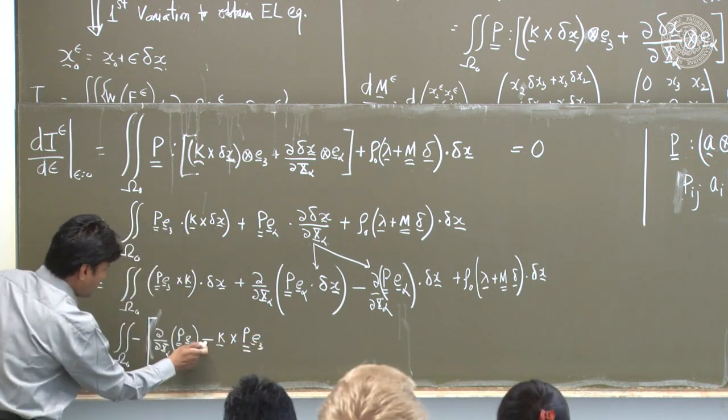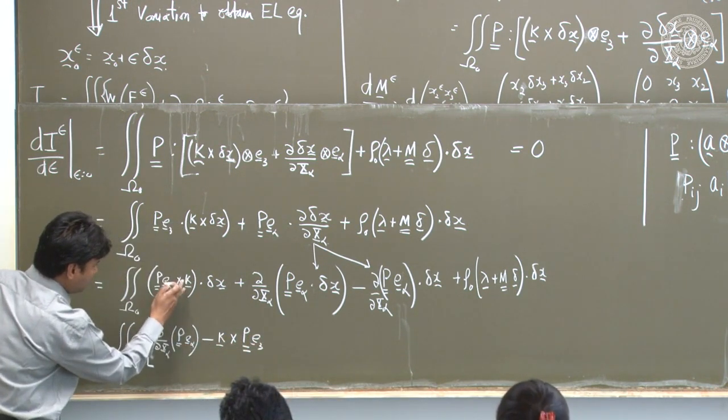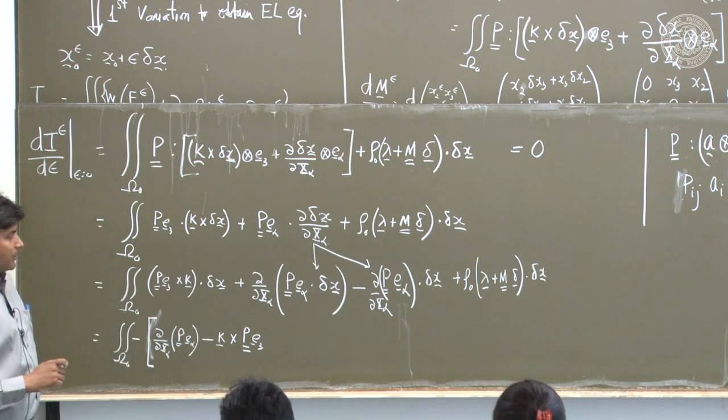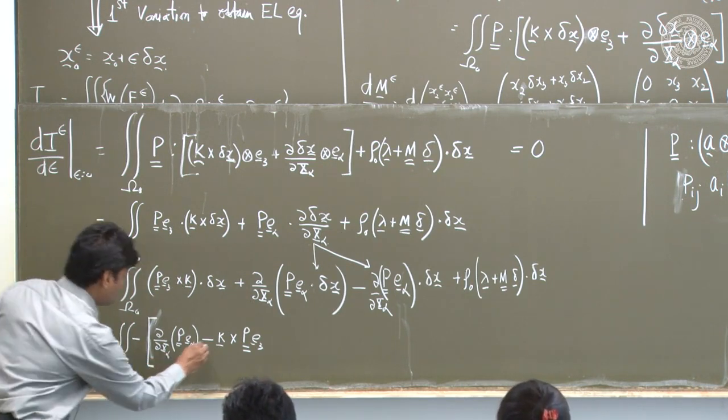So, that is why we get another minus sign, because I flip the cross, and so this becomes plus then.